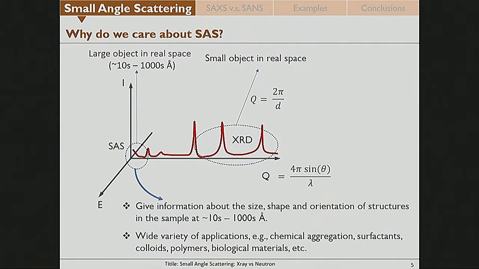And by analyzing data in this region, we can get information about the size, the shape, and the orientation of structures in tens to thousands of angstroms. And these have a wide variety of applications, including chemical aggregation, polymer materials, and biological materials.